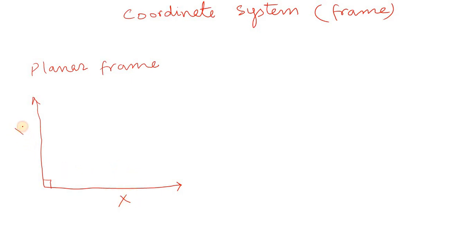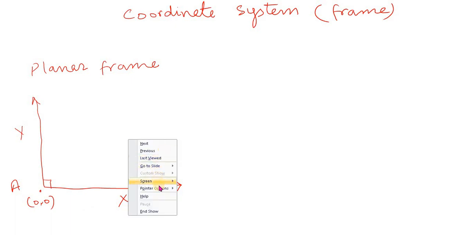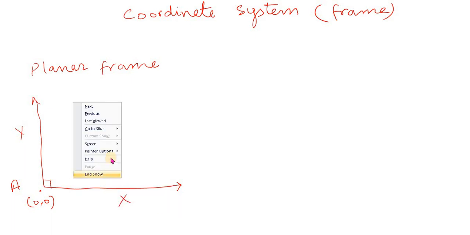This is the x-axis, this is the y-axis, and here we have the origin. Let's name this frame A, and we put a subscript, calling the axes XA and YA. This is important. We need some kind of frame first to define the position of any object.